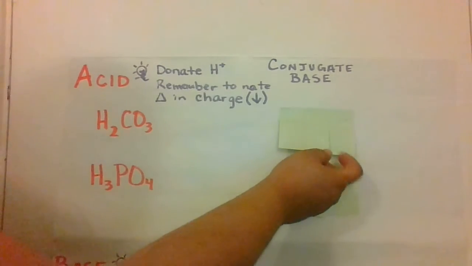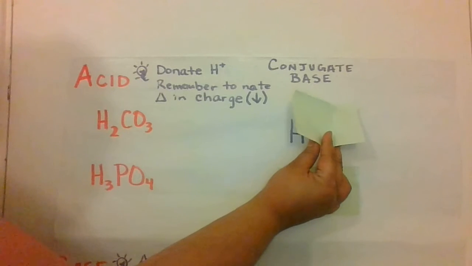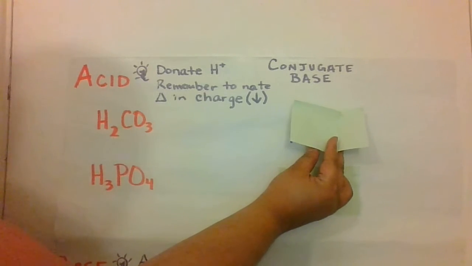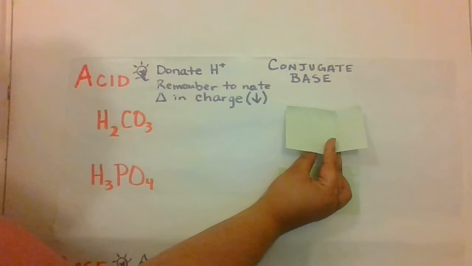All right, so let's take a look. If H2CO3 were to donate a hydrogen and become a conjugate base, and I remind people that conjugate means it was not originally this item, just like in learning a foreign language, we conjugate verbs. So in this sense, we're going to change something that wasn't a base into a base.